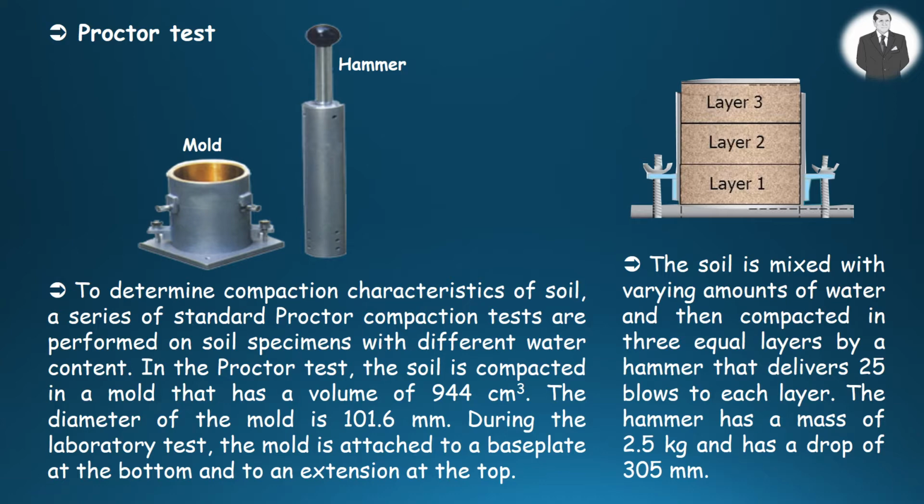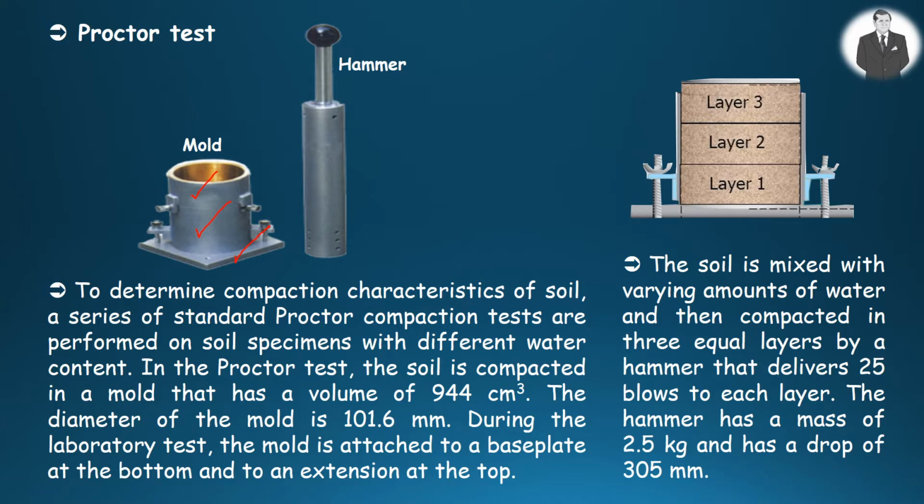In the test, the soil is compacted in a mold that has a volume of about 950 cubic centimeter, the diameter of which is around 100 millimeter. During the laboratory test, the mold is connected to a base plate at the bottom and to an extension part at the top as shown in the figure.